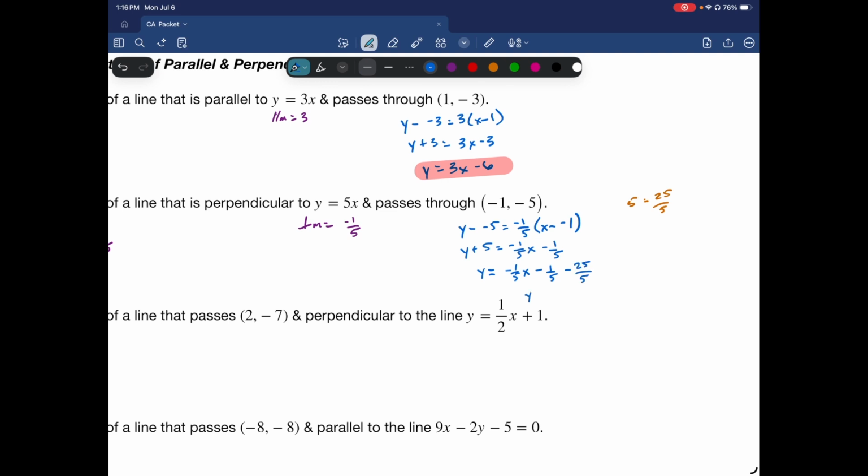So y equals -1/5 x minus 26 over 5. And that's the equation of my line that is perpendicular to my original.